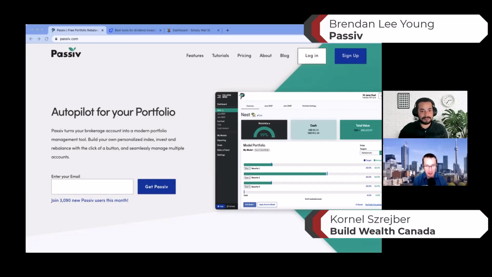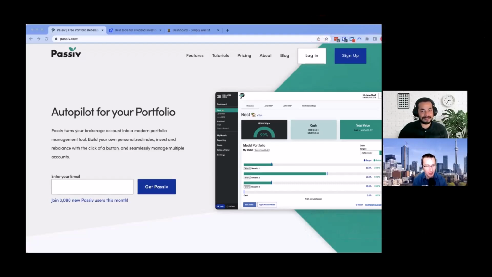That lets me make my investments even more tax efficient and pay even less in MERs, because the big advantage of the asset allocation ETFs is that they do the auto rebalancing, which is awesome that exists. But if you're really trying to push things even further, like in my case, and make things super tax efficient and pay the absolute lowest fees, Passiv lets you do that because it will automatically rebalance for you too, but it lets you pay lower taxes and lower MER. So yeah, a very, very awesome tool.